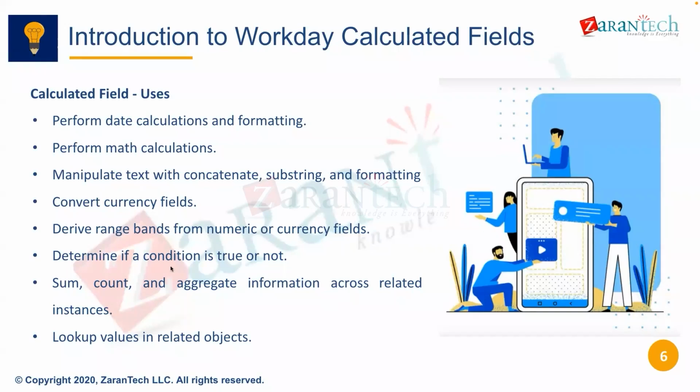I can use range bands for numeric and currency fields. So if I want to have logic built on a particular range of values, I can do it using the range band calculated fields that we'll see. Determine if a condition is true or not. Let's say I want to specifically call out in a report that I want all the employees who have more than 2 dependents, then bring me true, otherwise false.